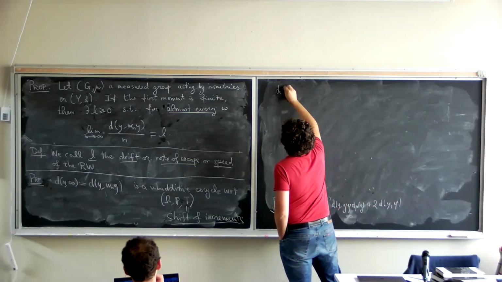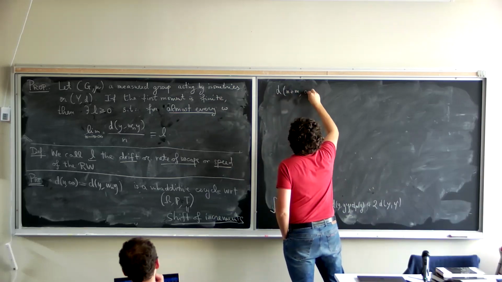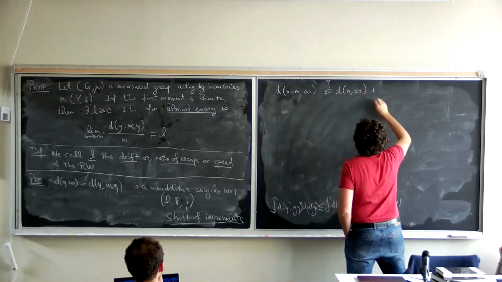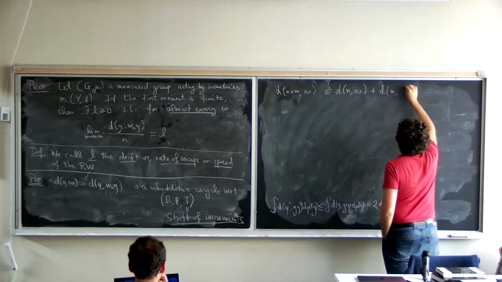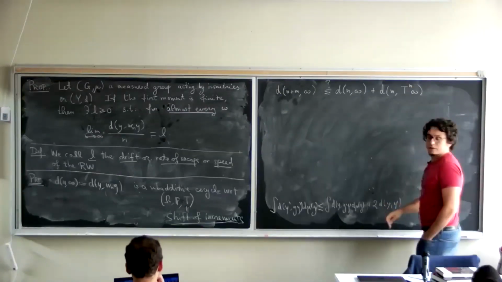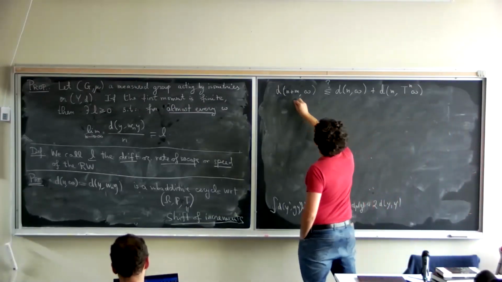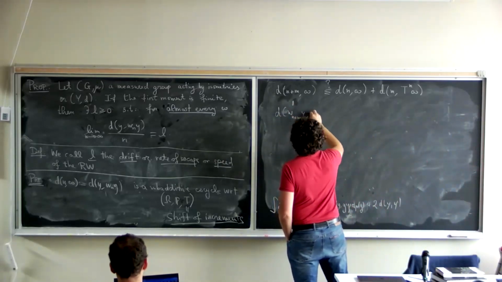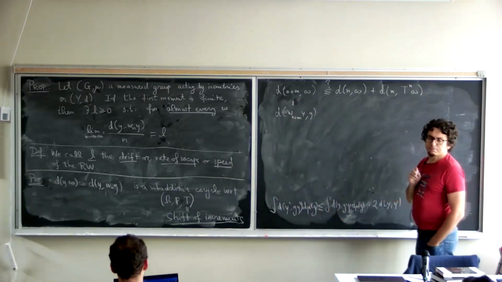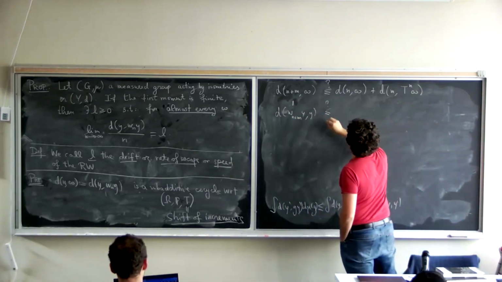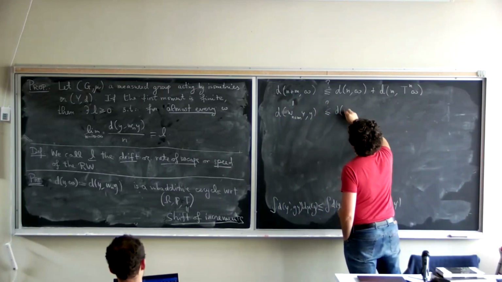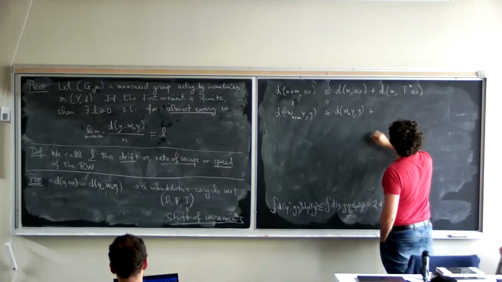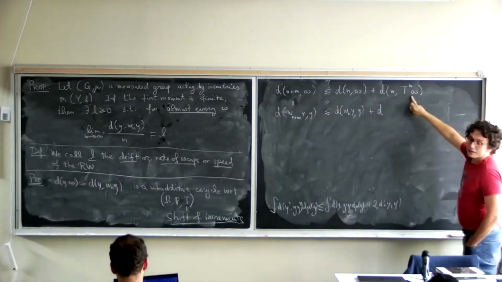We need to prove that d_{n+m}(omega) is less than or equal to d_n(omega) plus d_m(T^n omega). Let's write it. This is the distance between w_{n+m} y and y, basically. The question is whether it is less than the distance between w_n y and y, plus what?